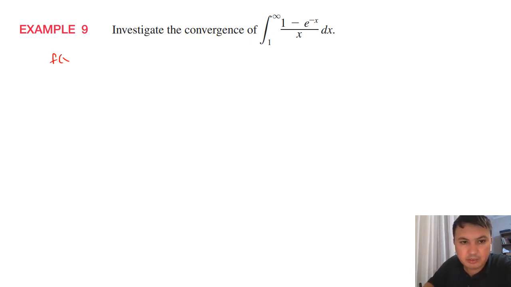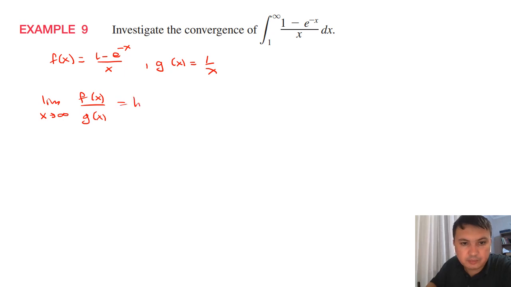Let me pick f of x to be 1 minus e to the minus x divided by x, and g of x to be 1 over x. And then again I take the limit of f over g. The x's cancel, and I am left with 1 minus e to the minus x, which is 1, right? So the limit exists.